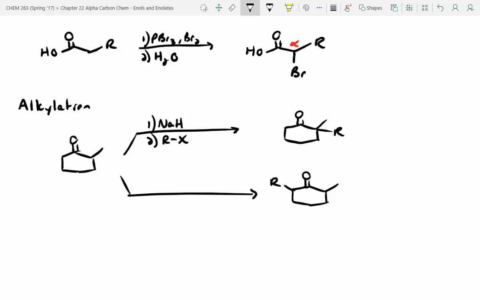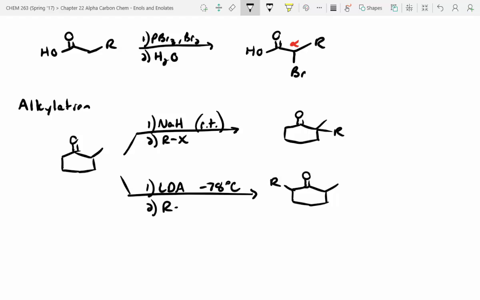What temperature should this be run at? Hot. Room temperature. Or hot, either one's fine. All right, what base is commonly used to alkylate the less substituted carbon? LDA. And then what temperature? -78. That's our dry ice acetone bath.